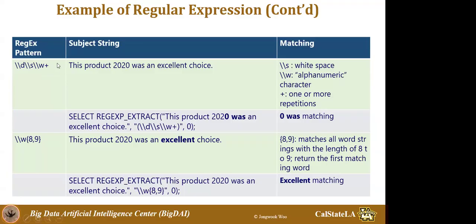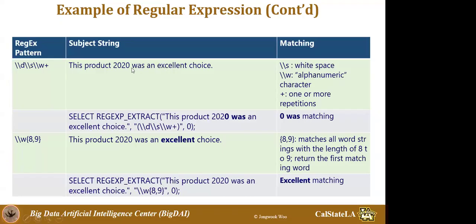Okay. So look at this. You need to find out digit and space from here. One digit and one space, one white space, right? So digit is already here, right? But one digit, one space is only this one, 0 and space, right? After then, you said alphanumeric character that could occur one or multiple times.